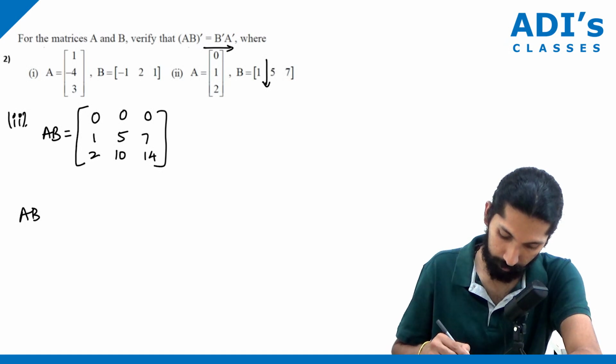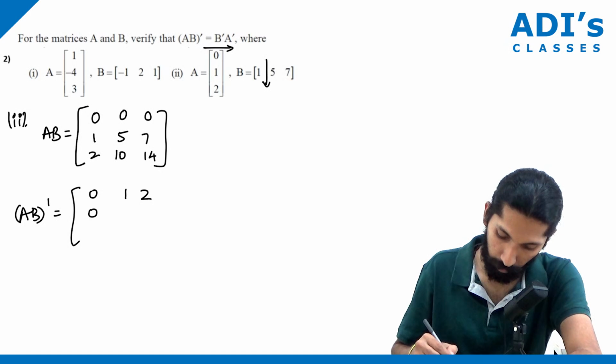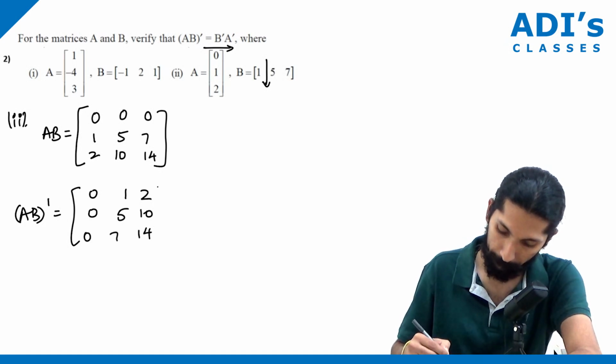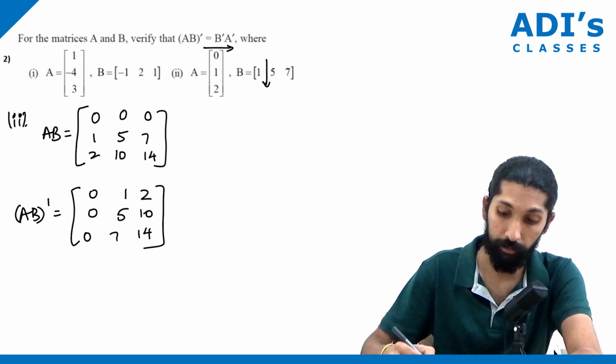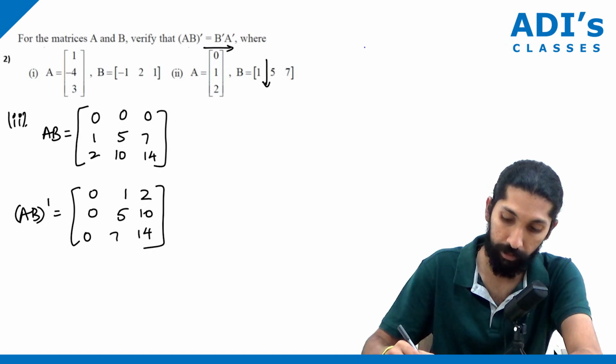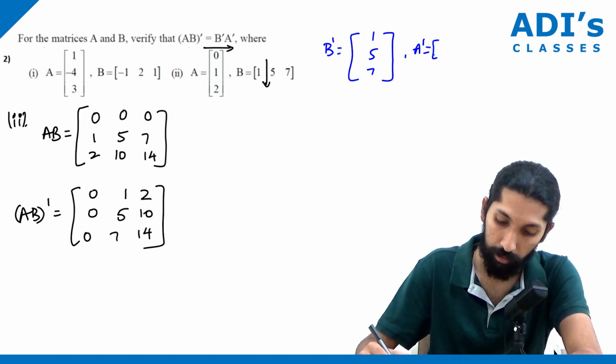Transpose of this one, 0, 1, 2, 0, 5, 10, 0, 7, 14. Fair enough? Now the other part, that is first we'll do B transpose, which is going to give us 1, 5, 7. A transpose is going to be 0, 1, 2.